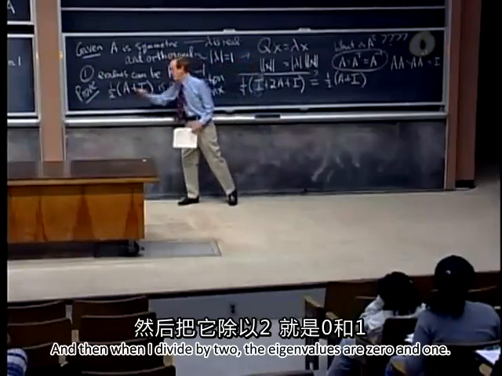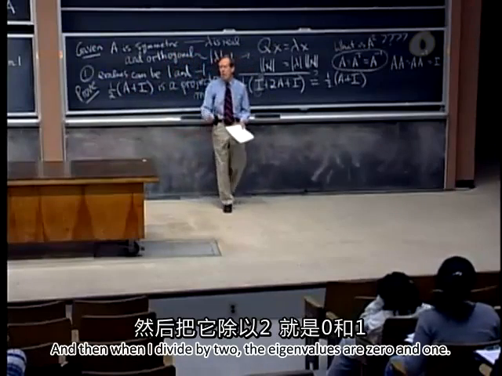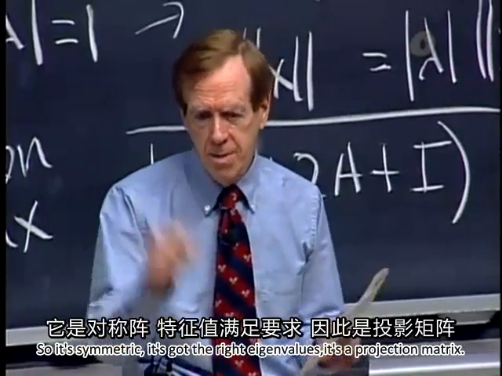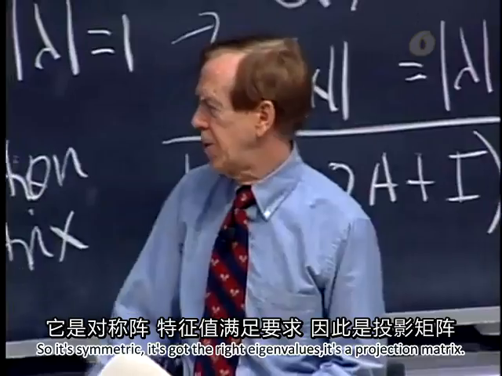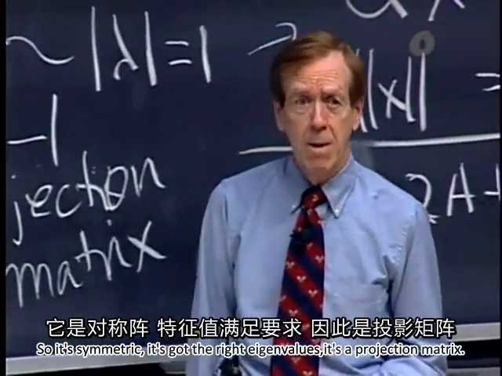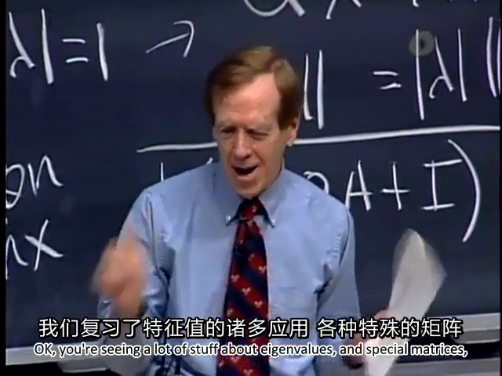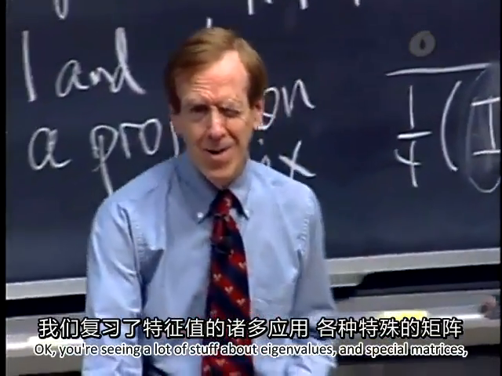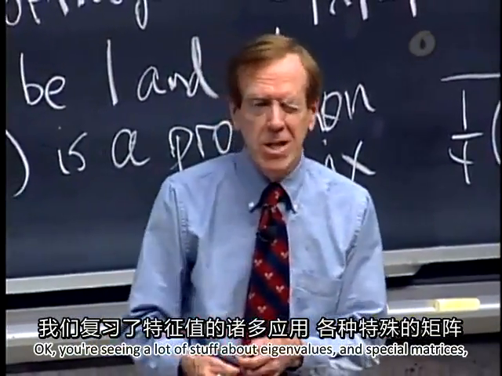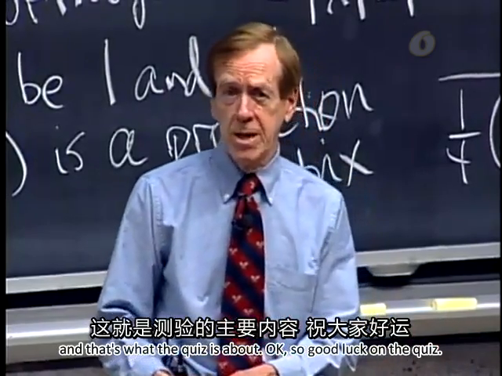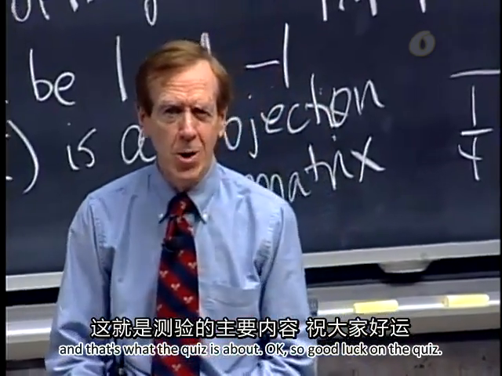And then when I divide by 2, the eigenvalues are 0 and 1. So it's symmetric, it's got the right eigenvalues, it's a projection matrix. Okay, you're seeing a lot of stuff about eigenvalues and special matrices, and that's what the quiz is about. Okay, so good luck on the quiz.